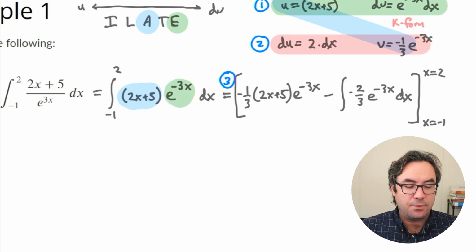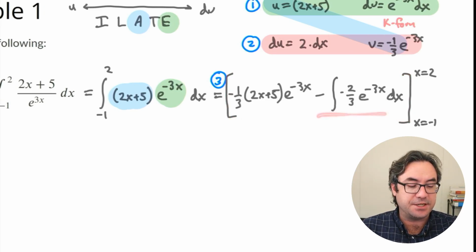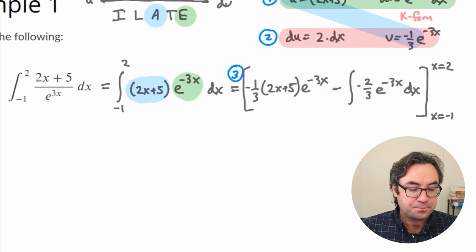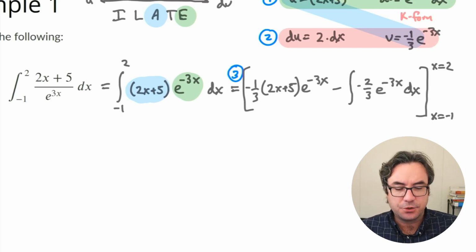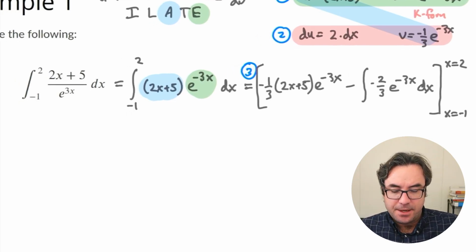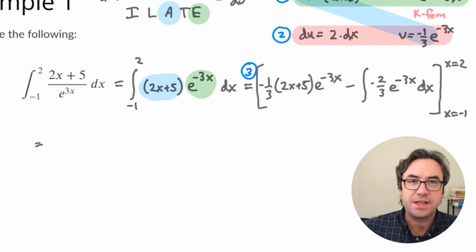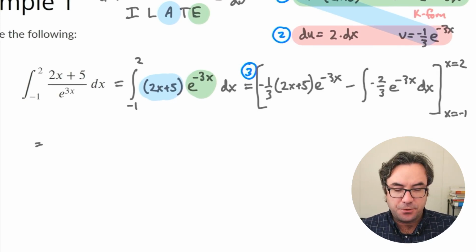All right, so now let's finish off getting the antiderivative for what's in the brackets here. And what we got is a double negative. So let's simplify that double negative. Usually a good idea. Integration by parts produces a lot of negatives, so you want to simplify them as you go.